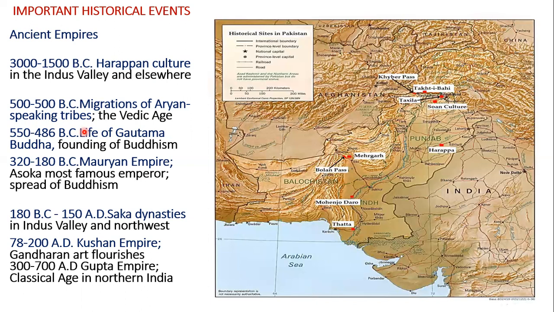Number one, who are the Aryans? Aryans primarily were a tribe living in today's Russia. Clear? They were a tribe that used to live in Russian territories. They were tall fighters.